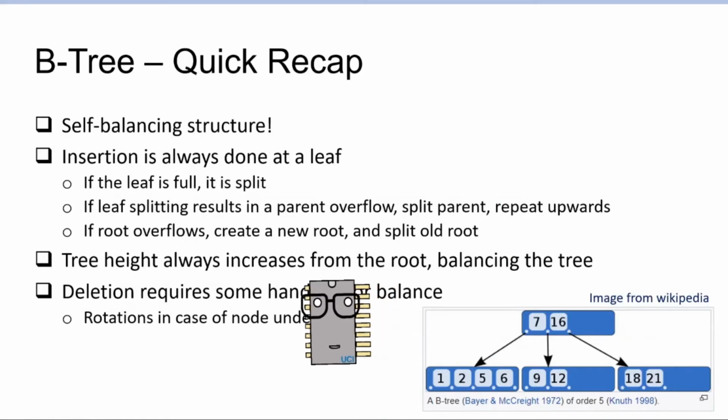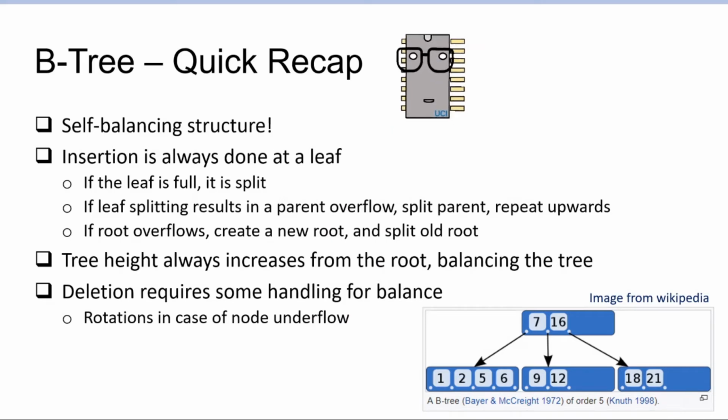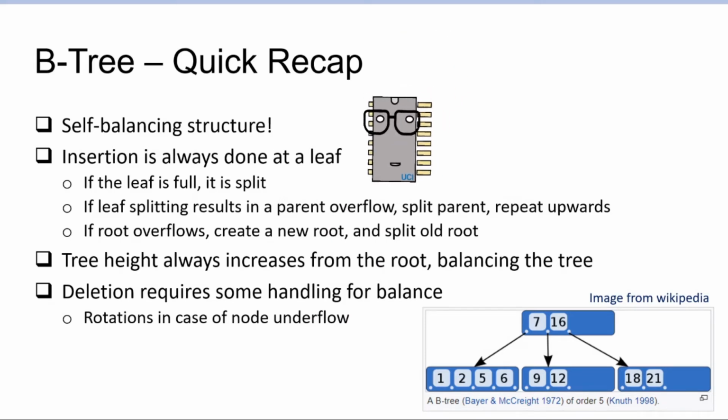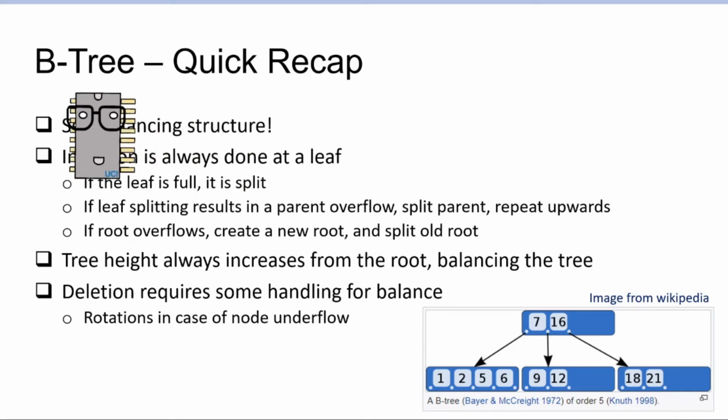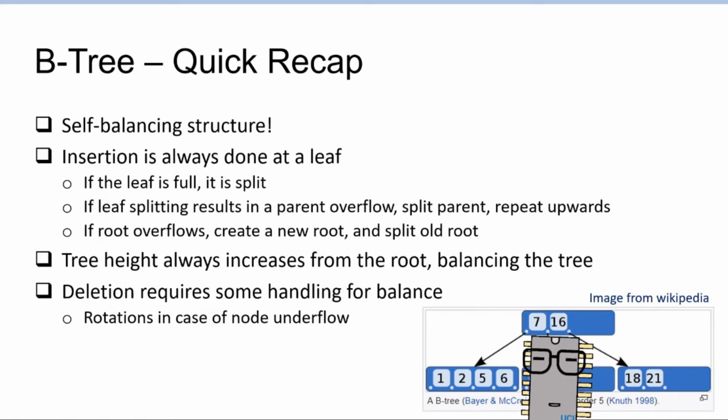To go just a little bit more into the B tree as a quick recap, the B tree is a self-balancing structure. That's one of the reasons it's so efficient. When all you're doing is insertion, insertion is always done at a leaf. You first traverse the tree to discover the place where we would need to insert it. For example, if you want to insert a value 8, you compare between 7 and 16.